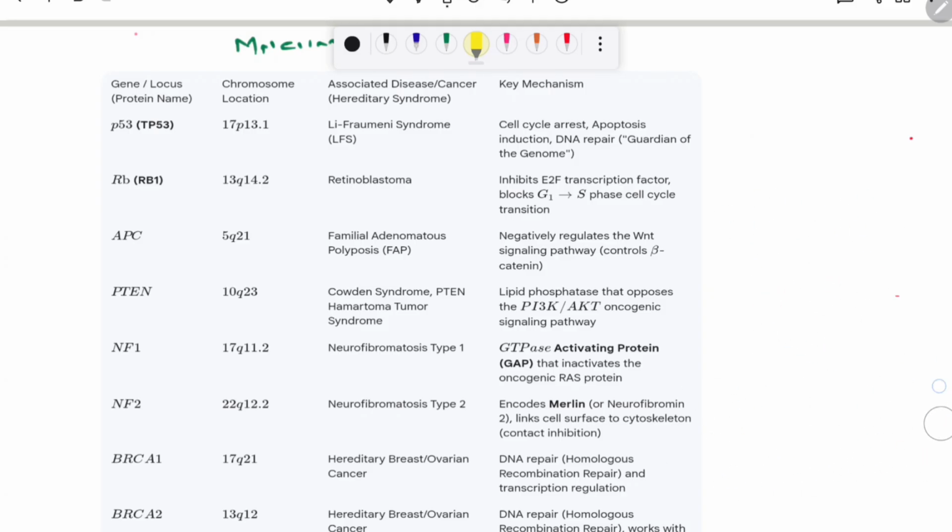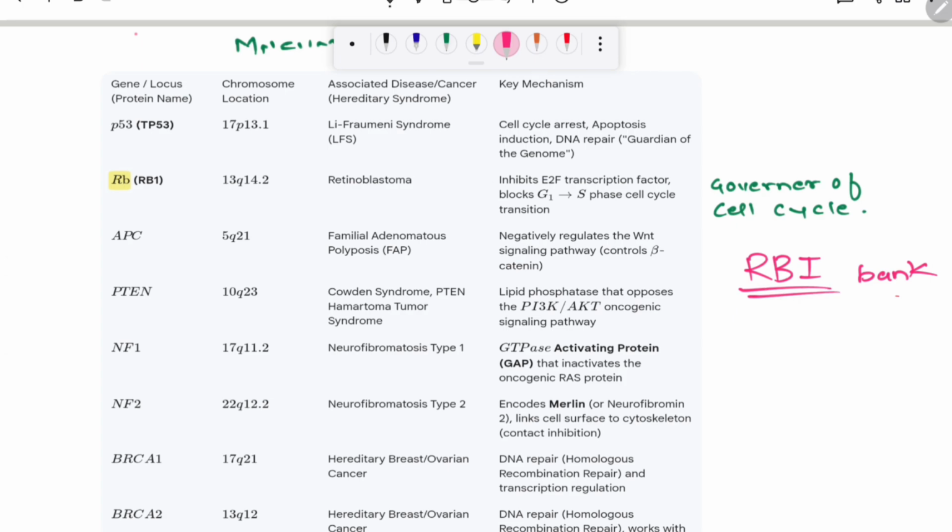Now moving to the next gene, the RB gene. The RB gene is called the governor of the cell cycle. To remember this gene, you should link it with the RBI bank, which is governing all the money in India. Here are two tricks to remember the location.